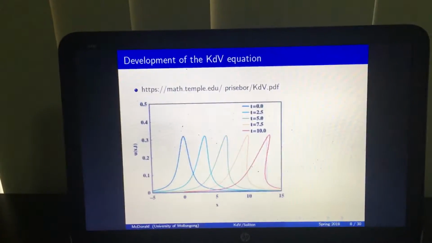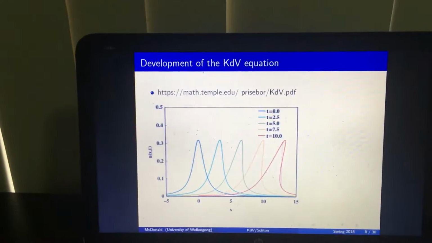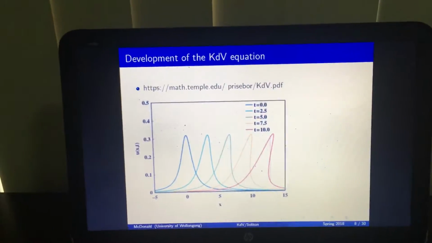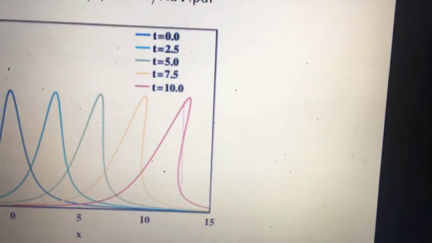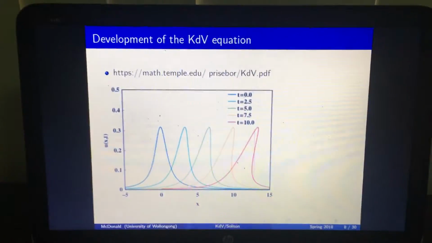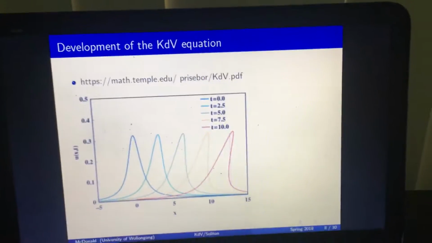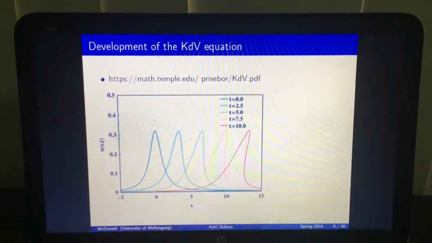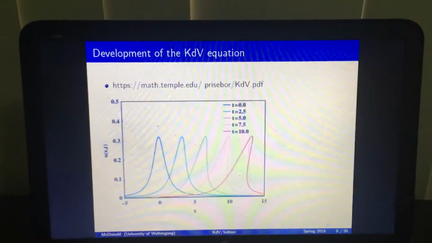Now, as we can see here, as time increases, the wave starts to lose its shape. Indeed, if I zoom in here, it's not even single valued for large values of t. So this equation here didn't support Russell's findings.